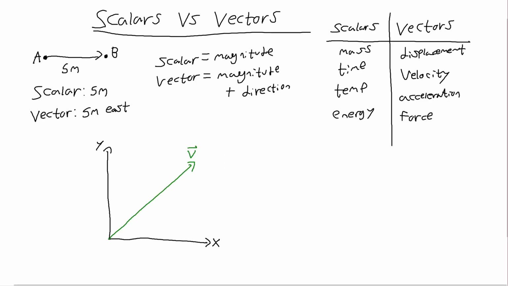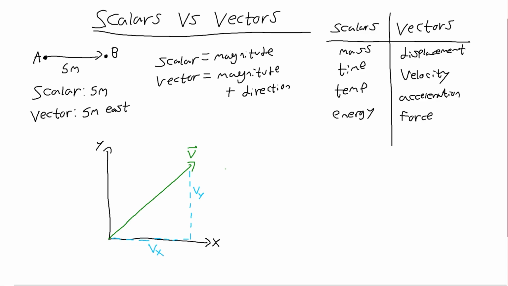Say that I have this velocity vector here in green. In order for it to be useful to us, we need to know its components. And by that I mean what portions in the x and y directions are contributing to this vector. So anything vertically would be the vertical component of this velocity, and anything horizontally would be the x component of this velocity.